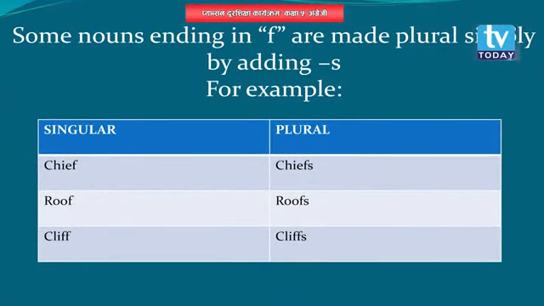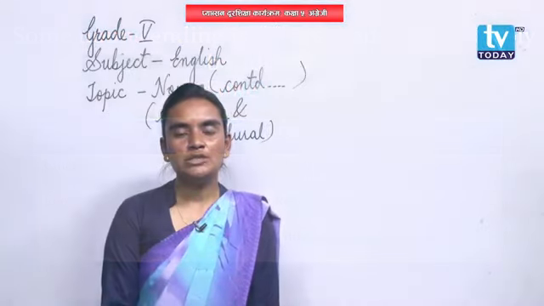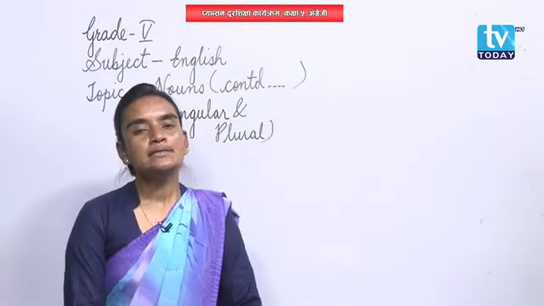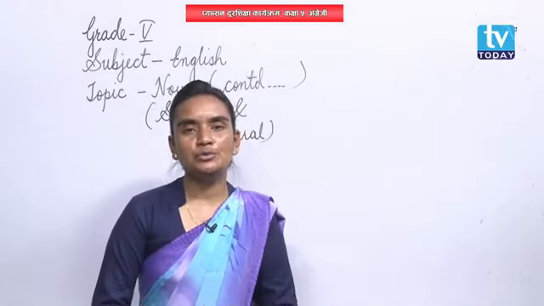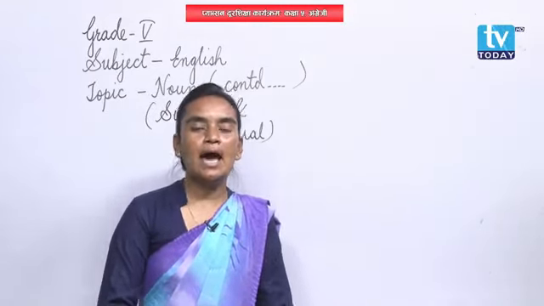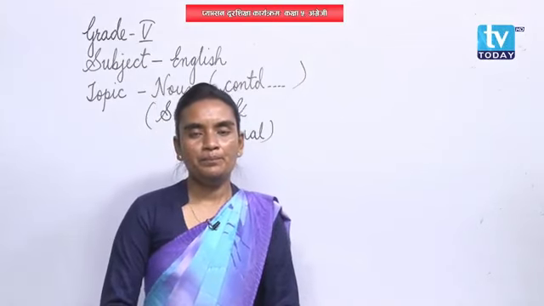If you want to know the example, SCARF, scarf, and simply it can be made plural by SCARFS, scarves. So dear children, these are some of the rules to be followed while changing a singular noun to a plural noun.